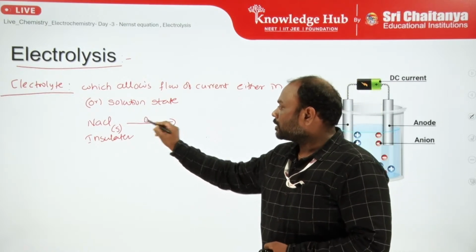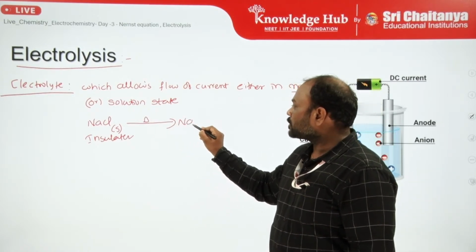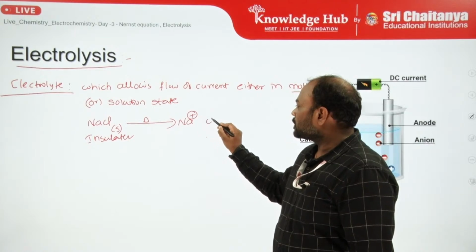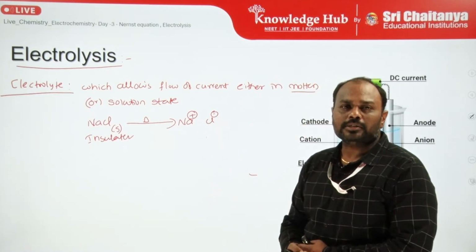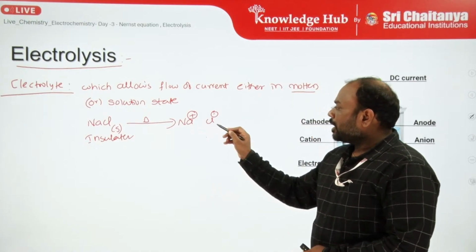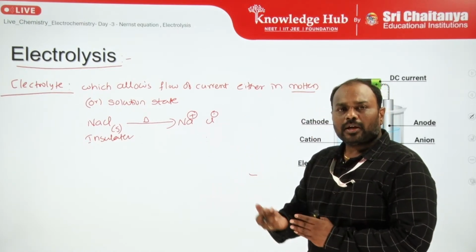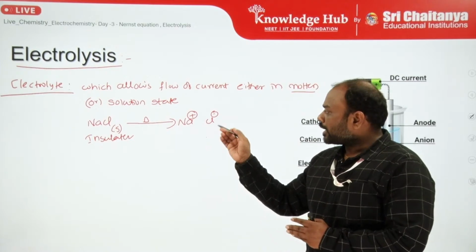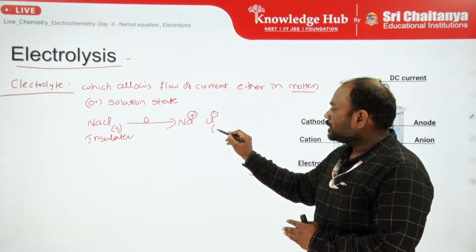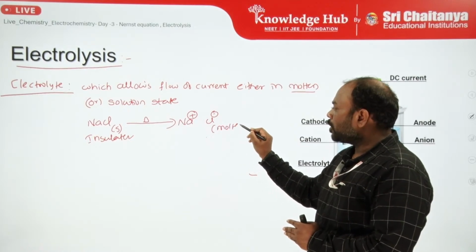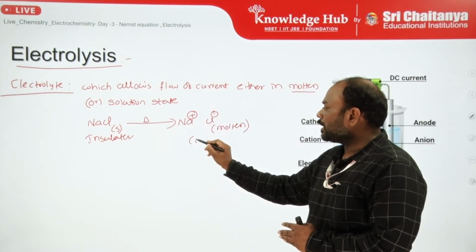But on heating, sodium chloride turns to Na+ and Cl-. Here there is a lack of electrons, and here an excess of electrons, so the flowing of electrons, which is nothing but current, passes from one ion to another ion. In the molten state it is acting as which one?